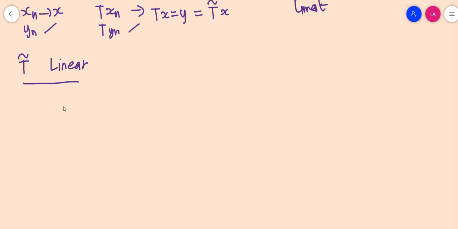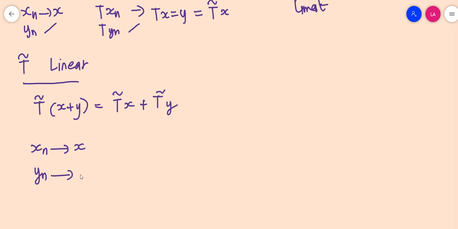For that we have to prove that T tilde of x plus y is equal to T tilde of x plus T tilde of y. It is trivial. Corresponding to x, we must have a sequence xn converging to x, and corresponding to y, a sequence yn converging to y.